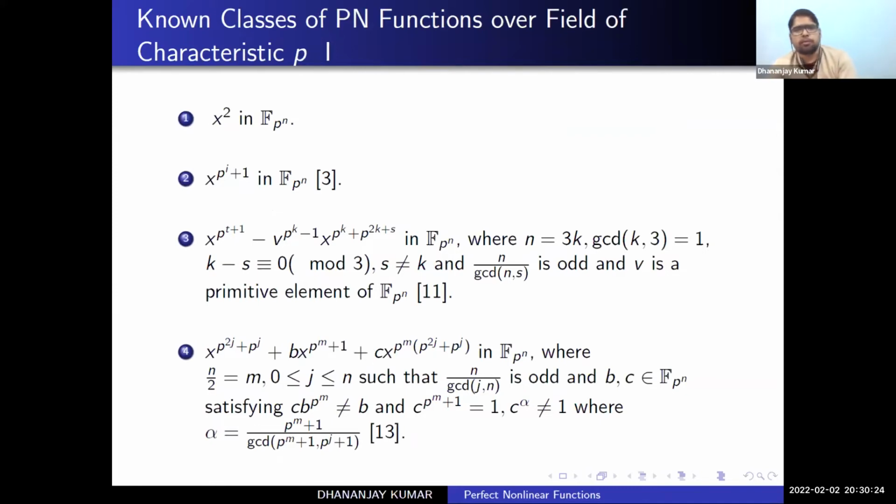And here we have listed some known classes of perfect nonlinear functions over a field of general characteristic p. The first one in the list is x squared, which we have shown in a previous slide.